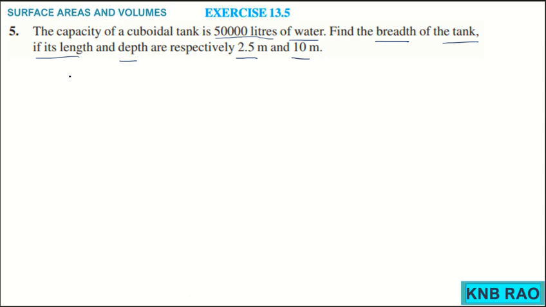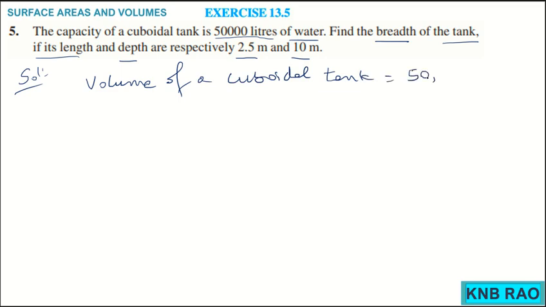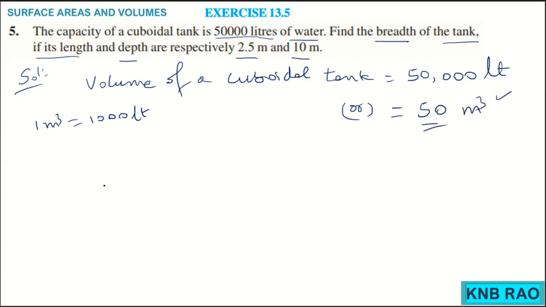Here, see children, in this question, volume of a cuboidal tank is 50,000 liters, or it can be converted into meter cubes by dividing it, where 1 meter cube equals 1000 liters. If I divide this 50,000 liters by 1000, I will get 50 meter cube as its volume.